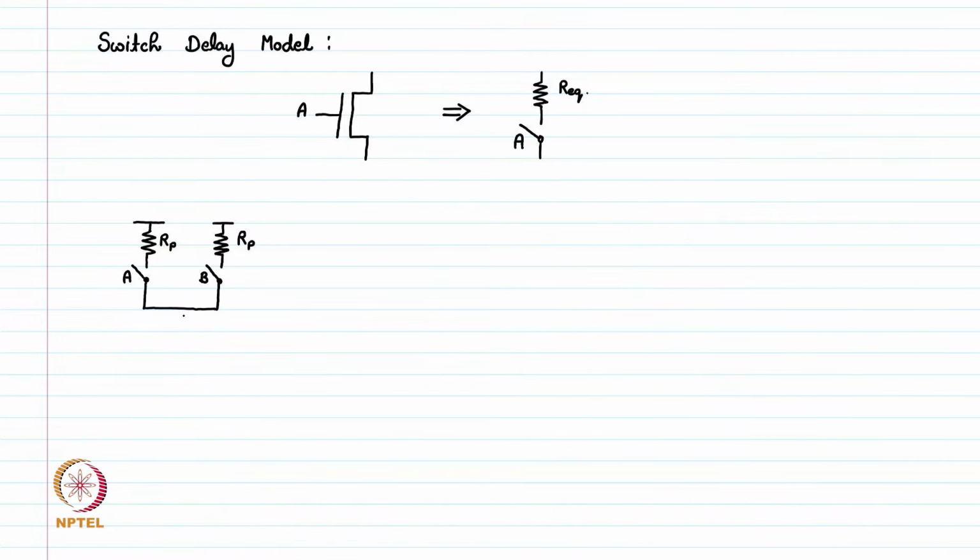This is the pull-up network. For the pull-down network, we have two NMOS in series.